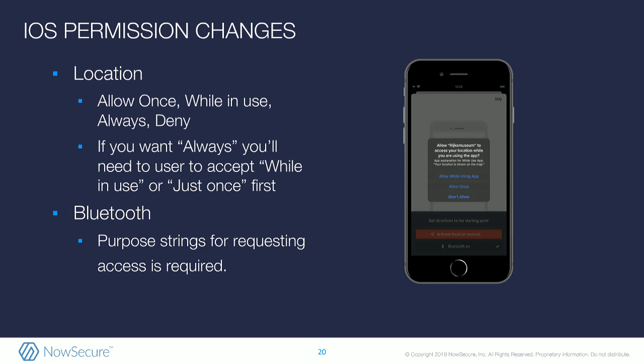It makes sense. Another one that kind of seems small and minuscule is purpose strings. If you're doing iOS development, you're probably familiar with purpose strings because they're kind of important on iOS. They're basically telling why you're using that permission.